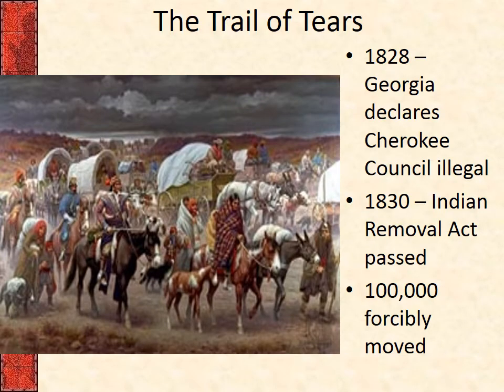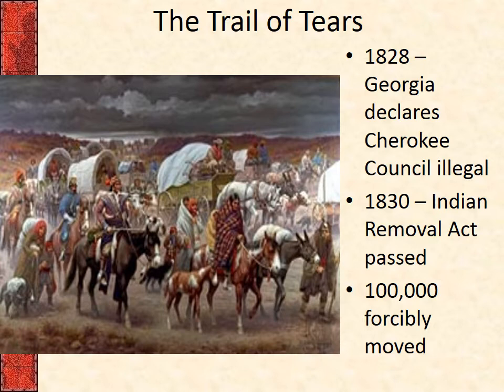So I told you that in 1823 or 1828, Georgia declares the Cherokee Council illegal, and Andrew Jackson, along with a lot of support in Congress, let's face it, they pass the Indian Removal Act of 1830, where they try and kick out all Indians east of the Mississippi and move them west of the Mississippi.